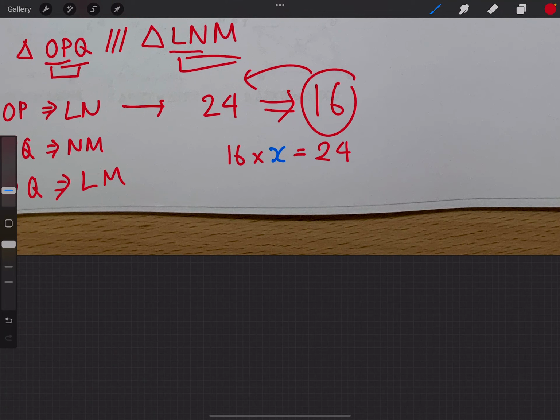So to get X, we divide both sides by 16, and you're going to get 24 divided by 16. Now let's simplify this.